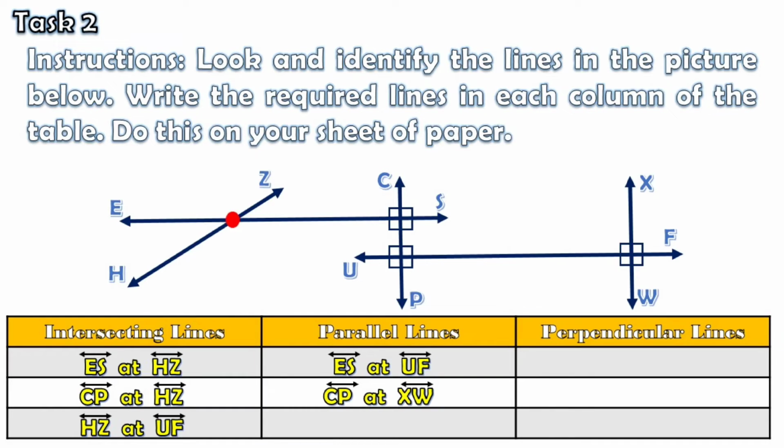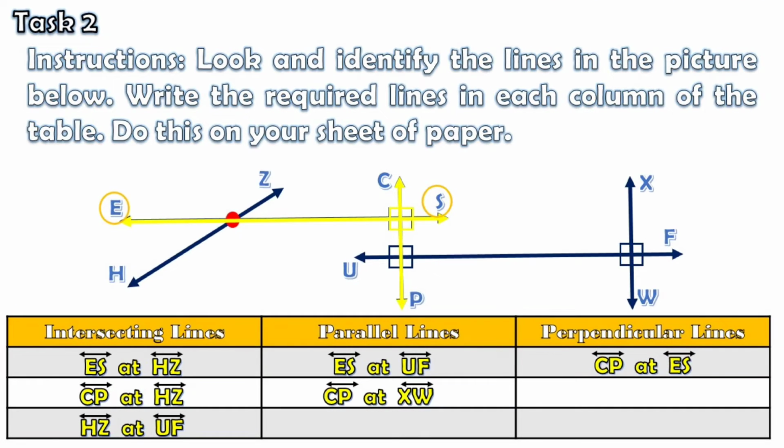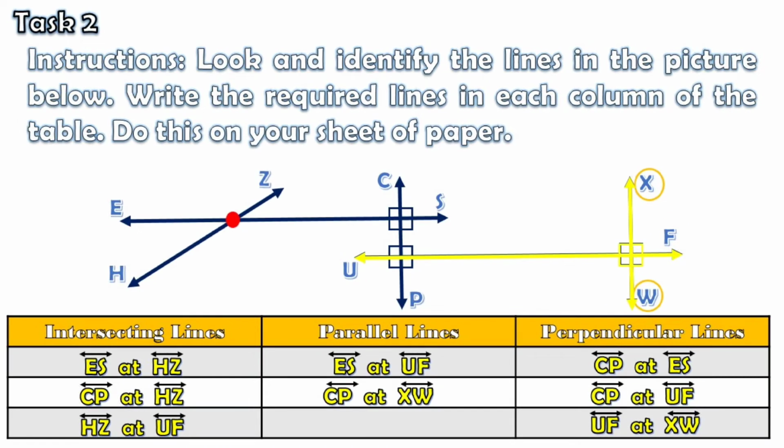Let's identify and write the perpendicular lines in our illustration. Have you seen and recorded? Some of the perpendicular lines to our lines are line CP, line ES. Apart from these, the line UF and line XW are also perpendicular lines.